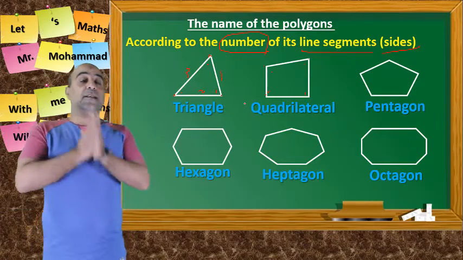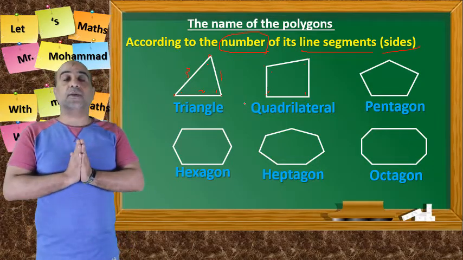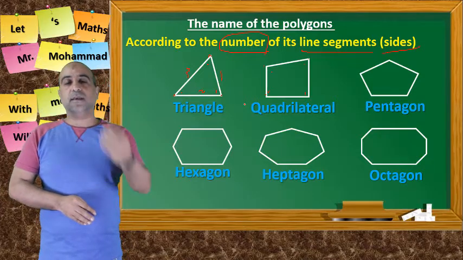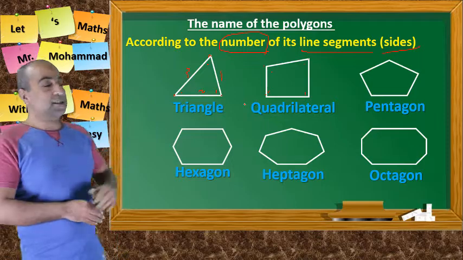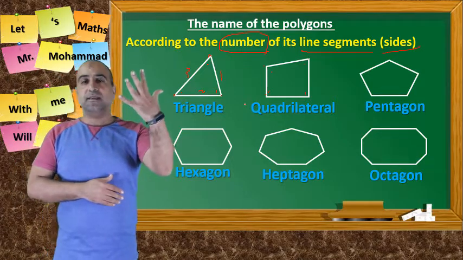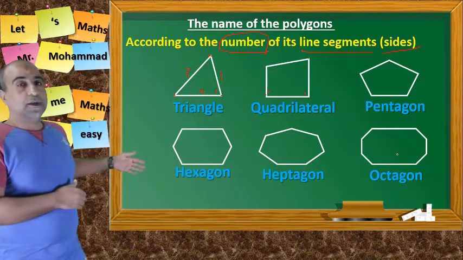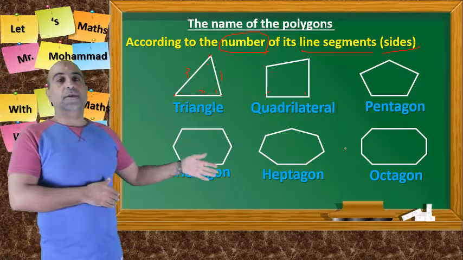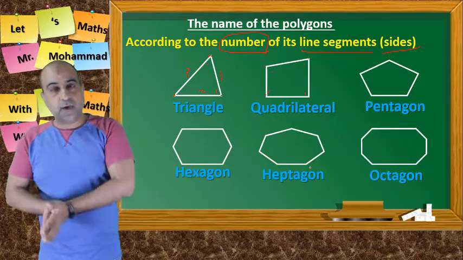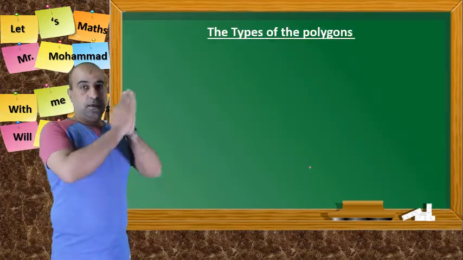The regular quadrilateral is called a square, which has 4 sides equal in length and 4 angles equal in measure. The regular pentagon has 5 sides equal in length and 5 angles equal in measure, and likewise the regular hexagon, regular heptagon, and regular octagon, in which all the sides are equal and all the angles are equal.